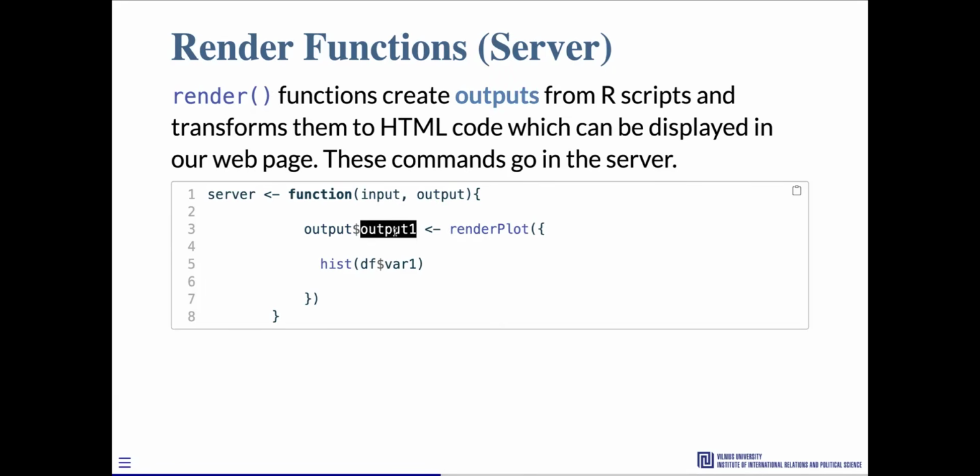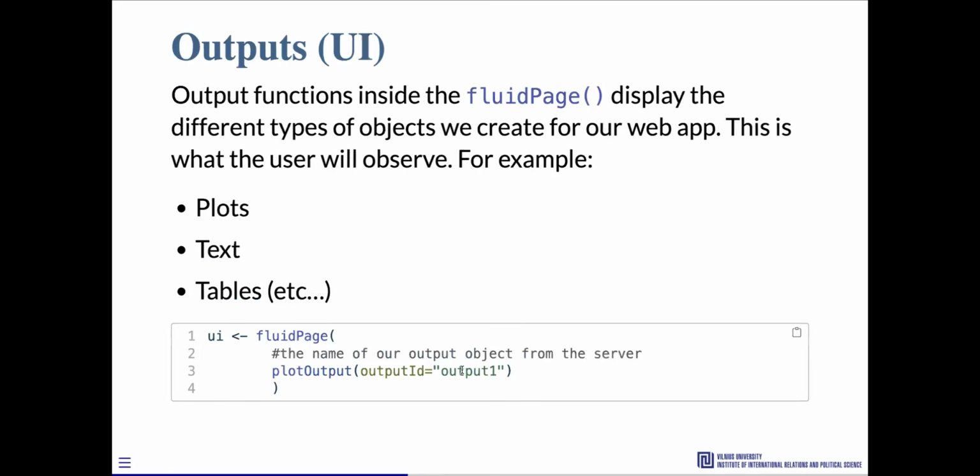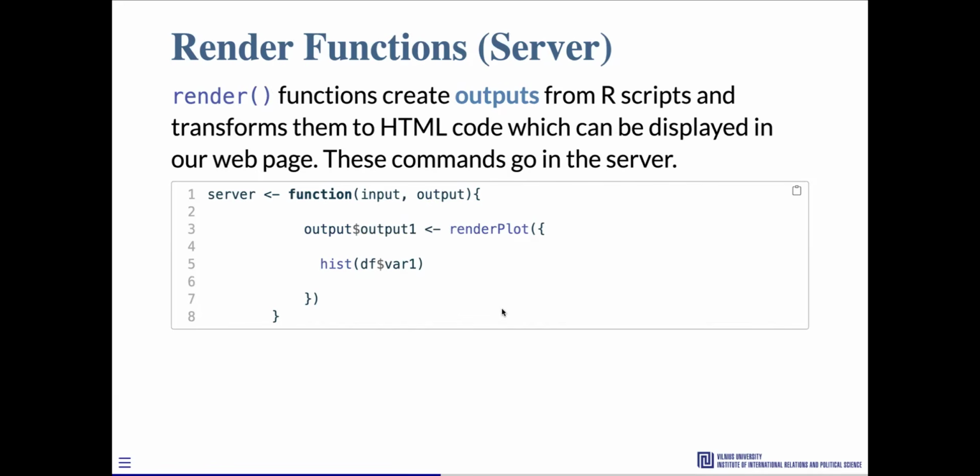We are storing this output1, and here I'm just calling it like that, but you can call it however you want. You can call it histogram, you can call it Peter, it doesn't really matter. The only restriction is that this should be the same as this, so that they talk to each other. But what doesn't change is the name of the list, because we are putting this into a specific list called output.